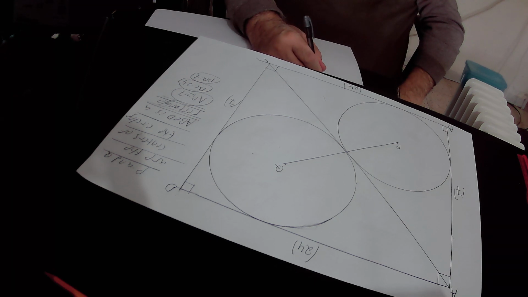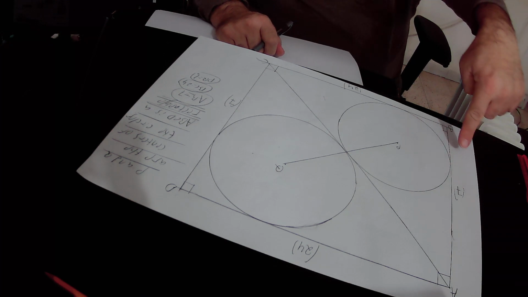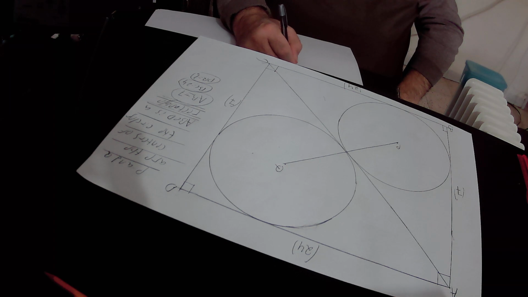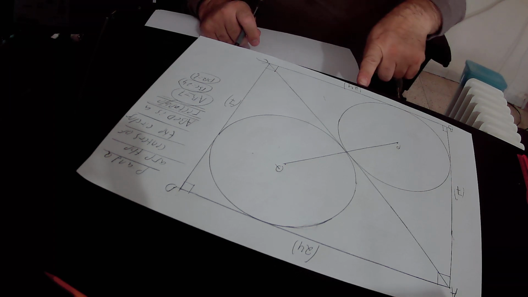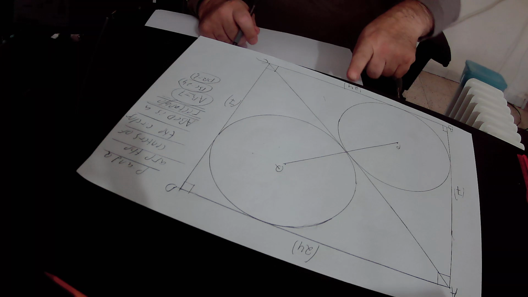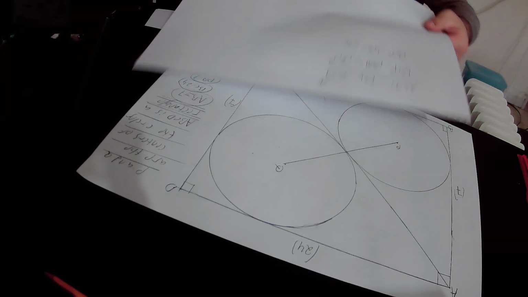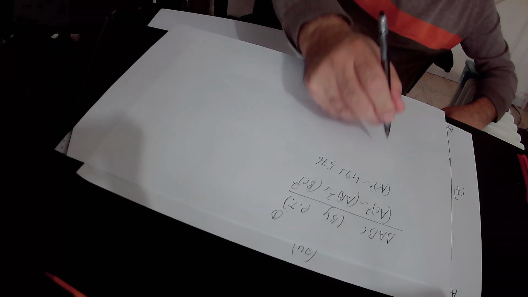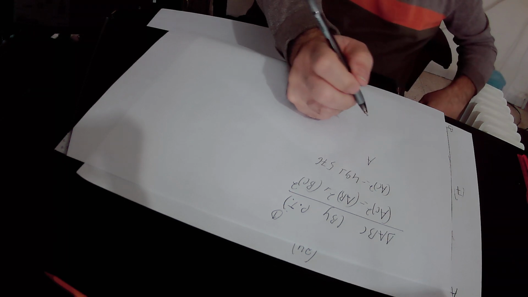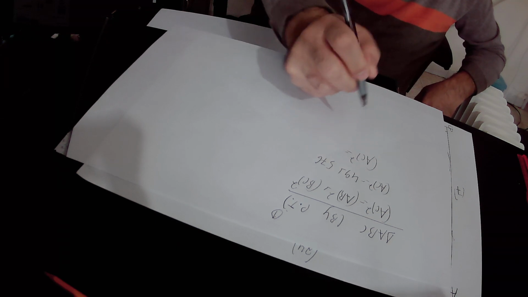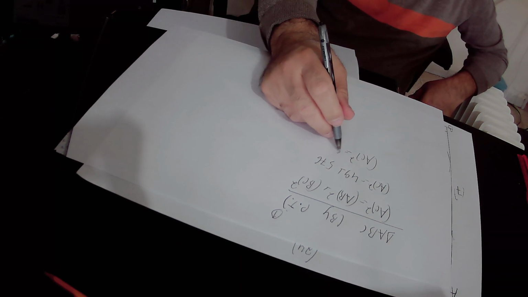So AC squared equals AB squared. AB is 7, therefore AB squared is 7 squared, it is 49, plus BC squared. BC is 24 according to what is given. Therefore BC squared is 24 squared, that is 576. In conclusion, we found out that AC squared equals 49 plus 576, that is actually 625.